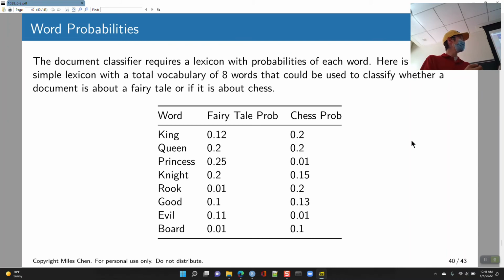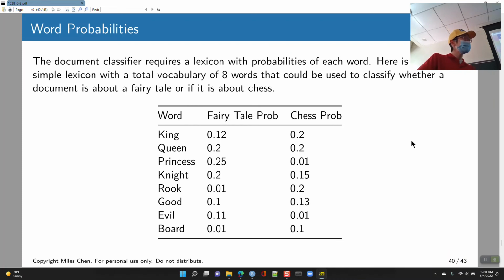What about the word rook? Probably not so much in a fairy tale. Good, okay. And evil, sure. A board, not so much in a fairy tale. If we're talking about the board game chess, king and queen, sure, those will come up in a chess game. A princess in a chess game, not so much. Knight, yes. Rook, yes. Good, maybe, like we could talk about a good move.